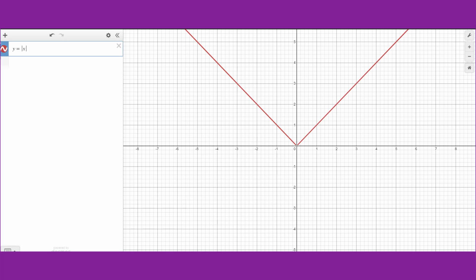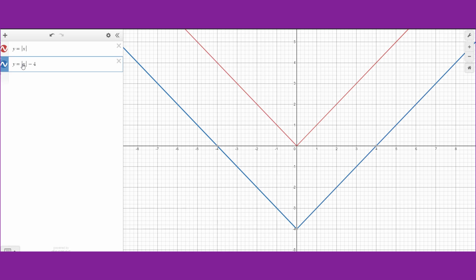So I'm going to take the next one and I'm going to subtract 4 from it, and let's see what it does to our graph. So we're going to have y equals the absolute value of x minus 4. So what did it do?